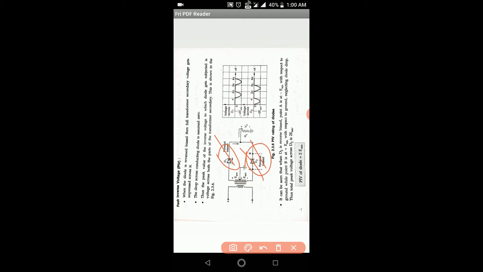It can be seen that when D2 is reverse biased, the point A is at minus ESM with respect to the ground, while the point B is at positive ESM with respect to the ground, neglecting the diode drop.